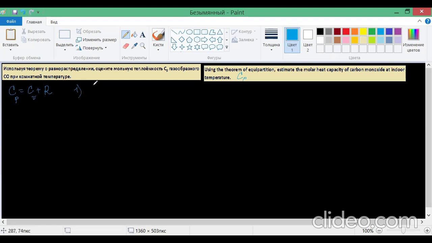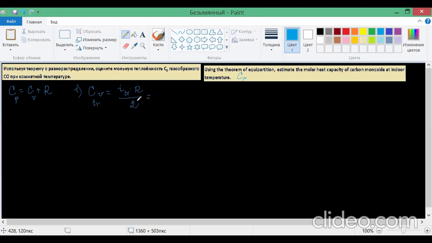Okay, we can write that C sub V of the translation movement is equal to I sub TR, which stands for translation movement, times gas constant R divided by 2.